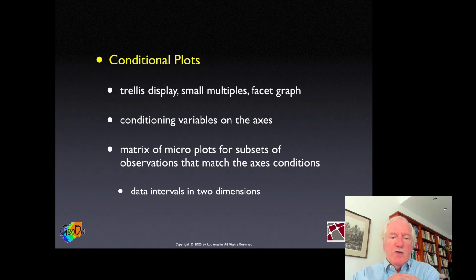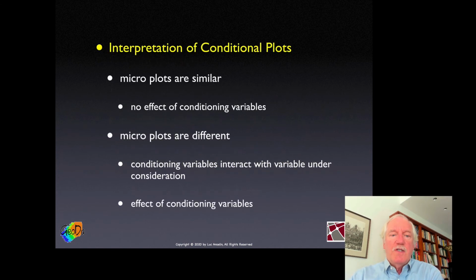We've already seen the conditioning on the axis, and then we end up with a matrix, in essence, of microplots. One plot for a subset of the data as determined by the categories on the axis. And just like with the micro maps, how do you interpret this?